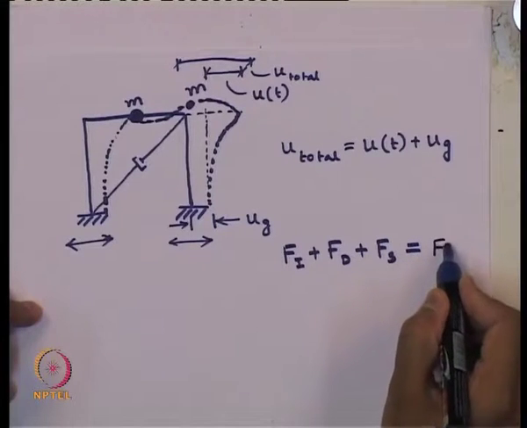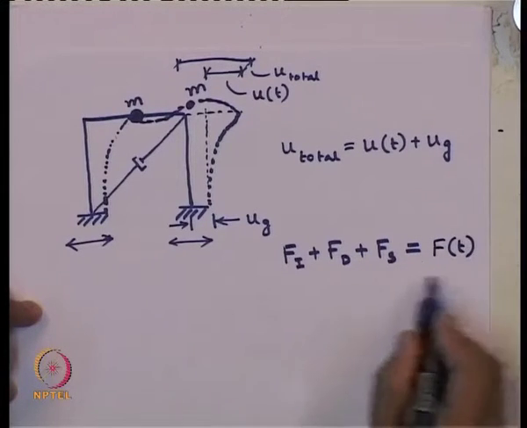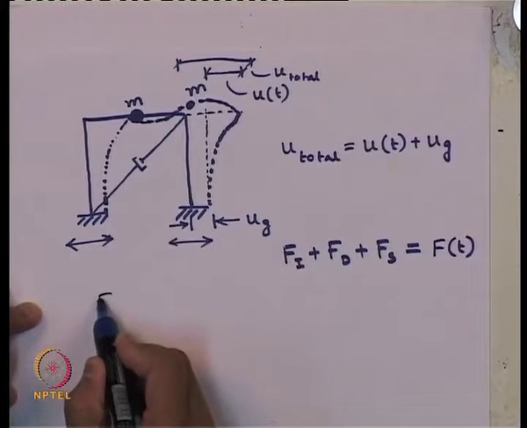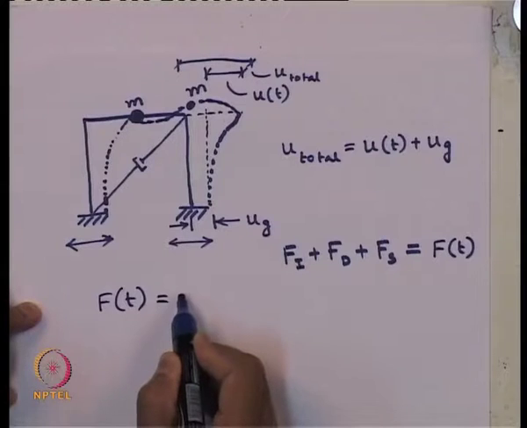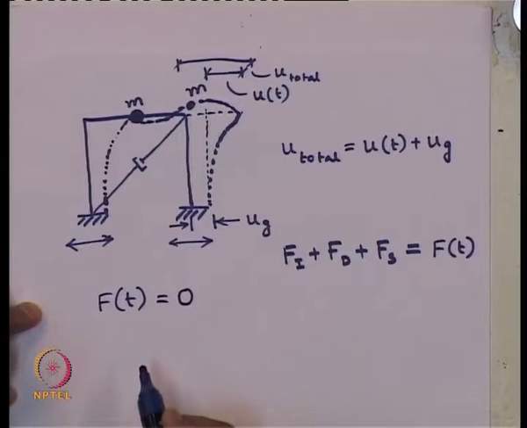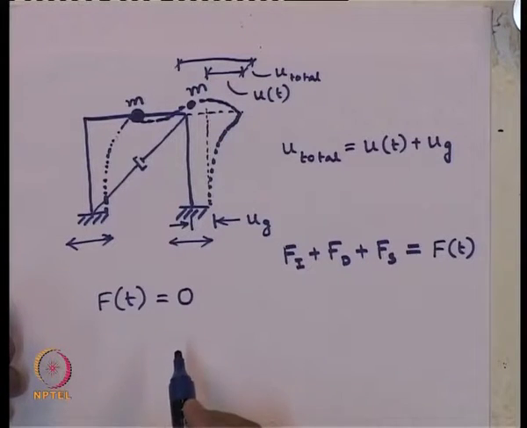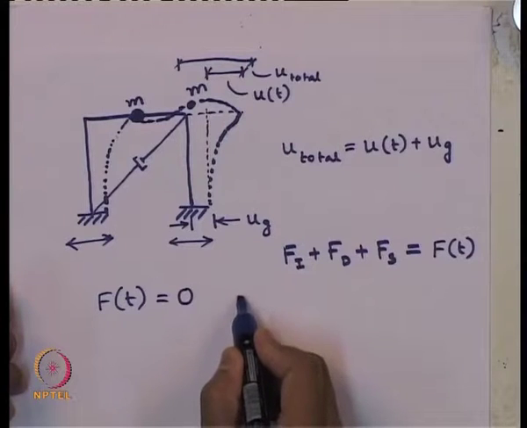In the general solution it is f of t. In the present case, f of t equals 0, because if you look at the system, there is no force applied on it. So, does it mean it is a free vibration case? Let us proceed further, we will find it out.